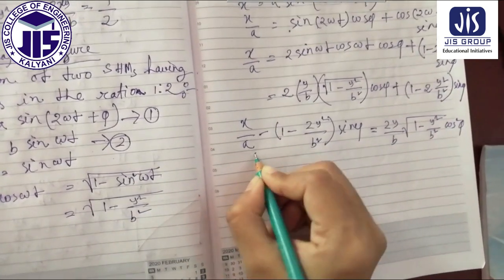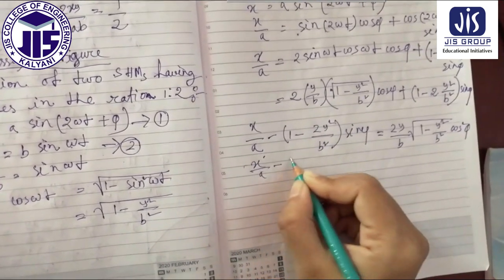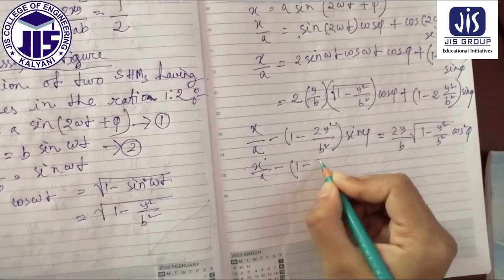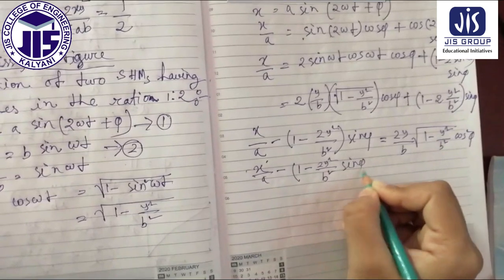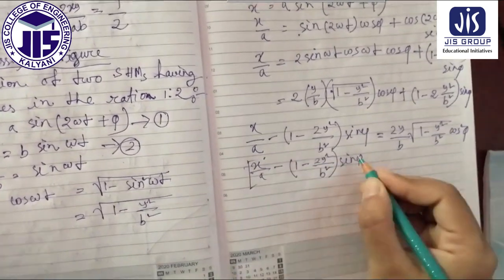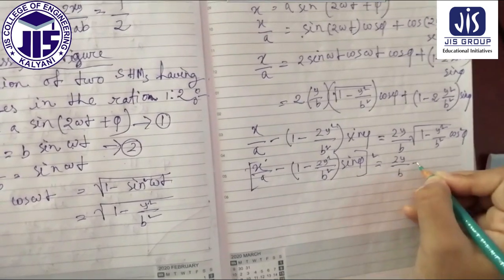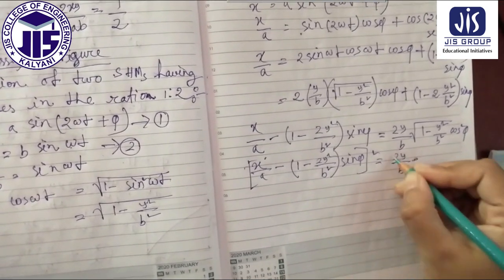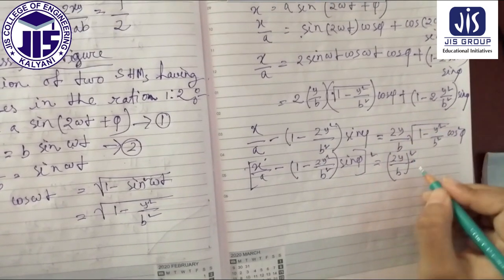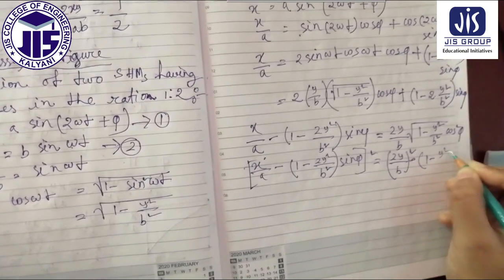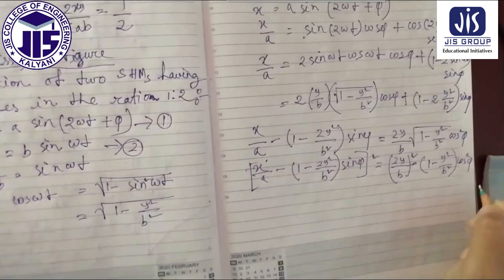So if we do the square both sides, then what we are getting? x by a minus 1 minus 2y square by b square sin phi, whole square, equals 2y by b whole square, and the square root will obviously be done, so 1 minus y square by b square into cos square phi.